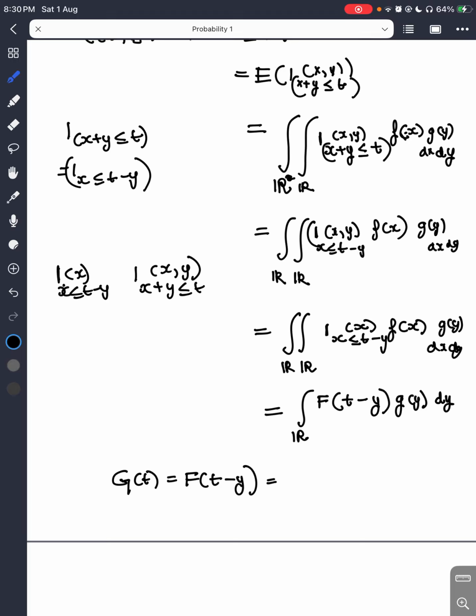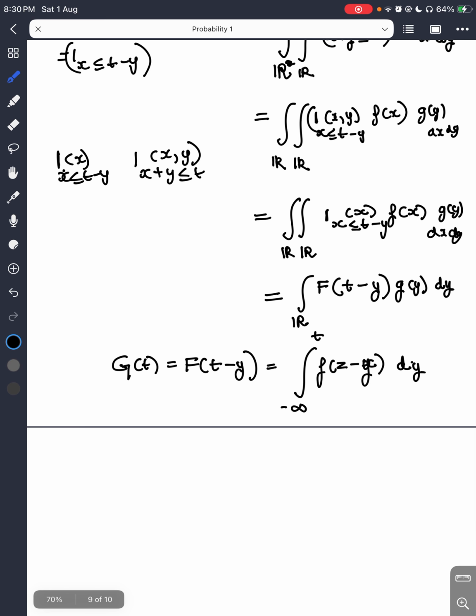One can check that this CDF is nothing but the integral from minus infinity of f of z minus y dy. Think that this is exactly the CDF. This is not complicated. If capital F is the CDF and f is its PDF, just integrate this.